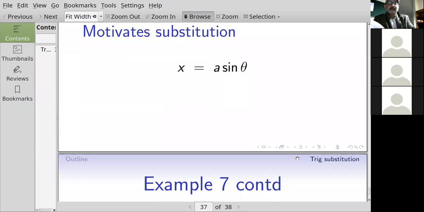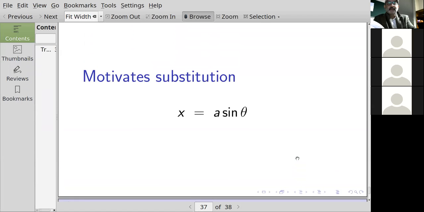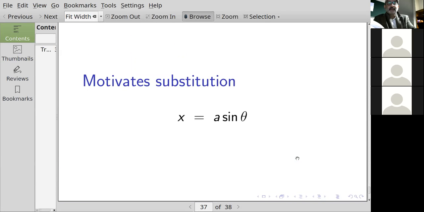Sir, I was asking if we can expect substitution through hyperbolic functions. Yeah, we didn't really cover that. You mean hyperbolic cosine and hyperbolic sine? Yeah, we didn't cover that yet.